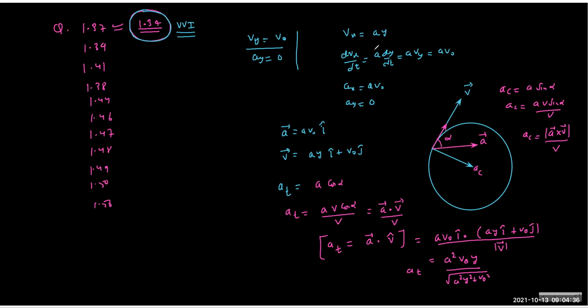The A I have taken is the total acceleration vector. Don't get confused with this A. This A is a number. So in A Y I cap dot A V naught I cap, they both are different A's. Where is the confusion? Tell me.